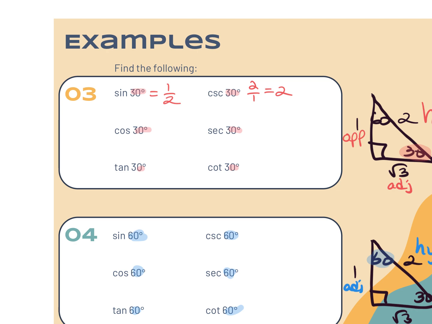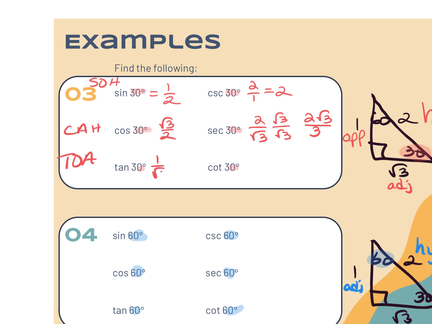For the cosine, we're doing the CAH acronym, so adjacent over hypotenuse, square root 3 over 2. Now, when we flip it to the secant, I have to rationalize. I can't leave that square root of 3 in the bottom, so I have to multiply. And the secant of 30 is 2 times the square root of 3 over 3. For the tangent, we're using our TOA.